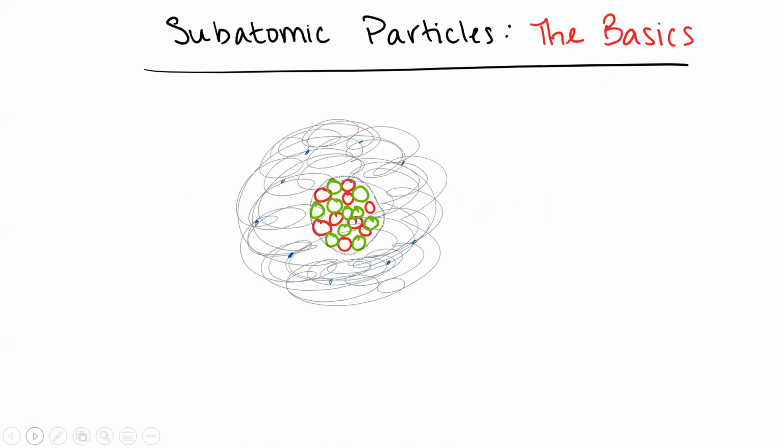So, to start off with this, we have to review the subatomic particles and understand the basics behind the atom. So, what I have drawn here is an atom for you, and we have our nucleus right here, the very center. And in the nucleus, we have two different kinds of particles, as remember.